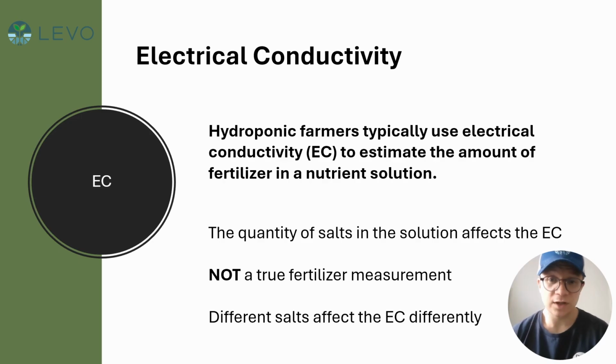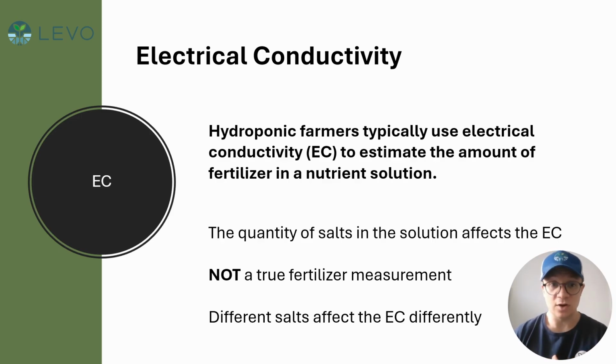However, it's really critical to keep in mind the limitations of what EC actually is. It's not a true measurement of fertilizer content because different salts affect the EC differently. For example, EC cannot tell you how much calcium or nitrate there is in your nutrient solution specifically.